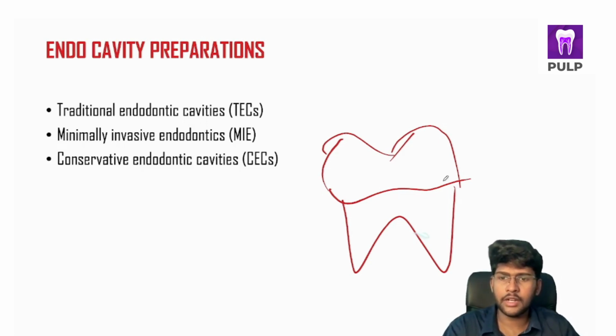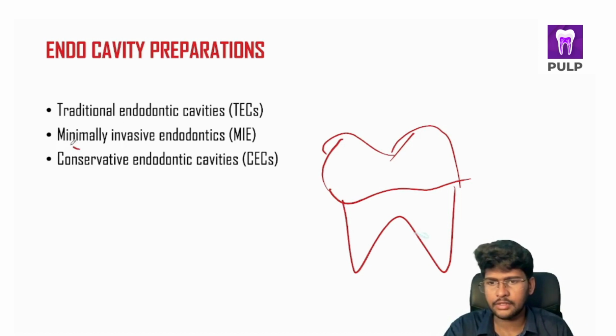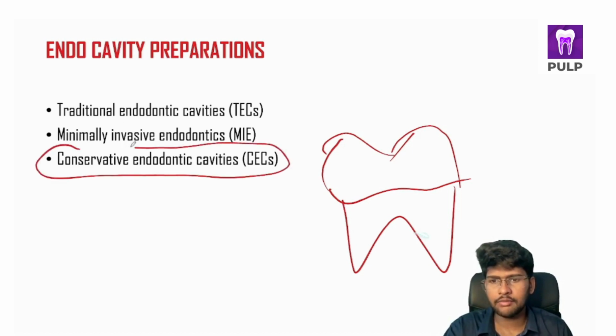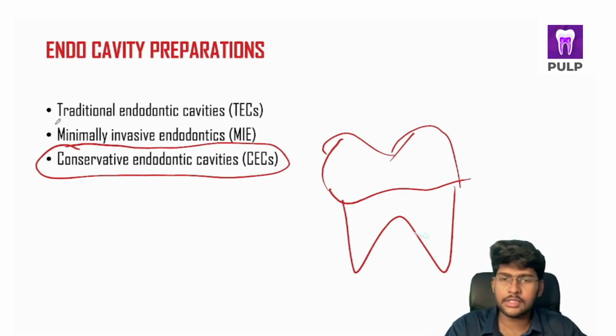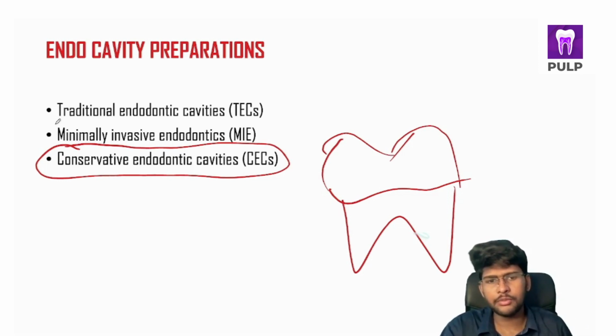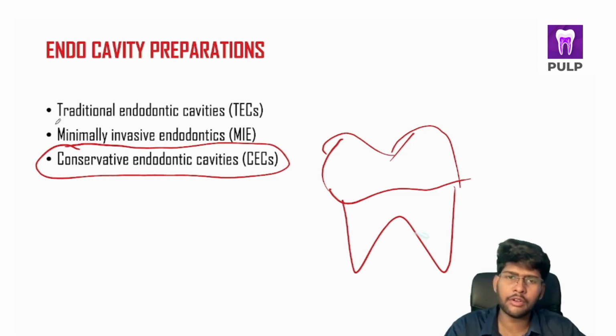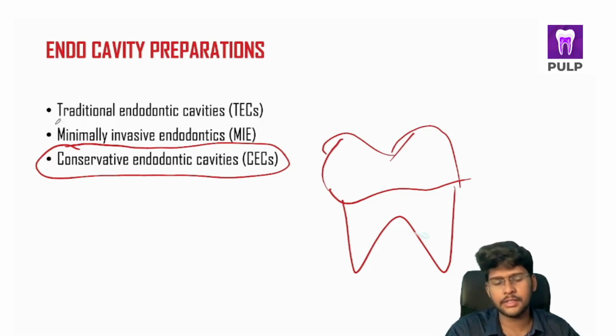When it comes to conservative endodontic cavities, with the recent advances of the last 1 to 2 decades, with CBCTs and different irrigation systems, you can clearly identify the canal positions with CBCTs. So you need not remove a lot of bulk of tooth structure in order to clean and shape the canal. So now you have an idea of the different types of endo cavities.